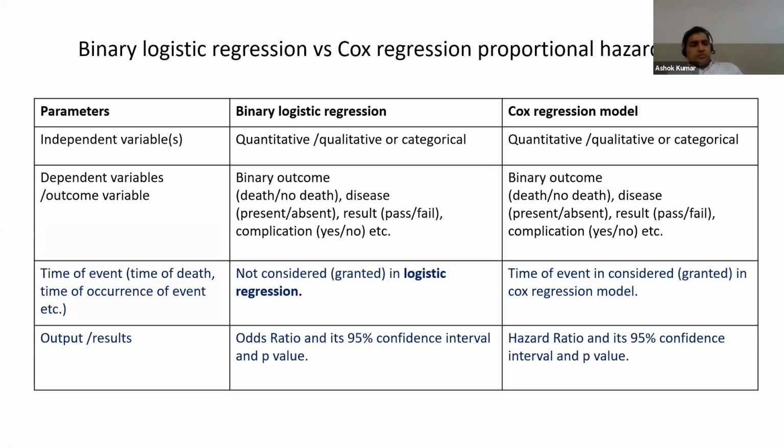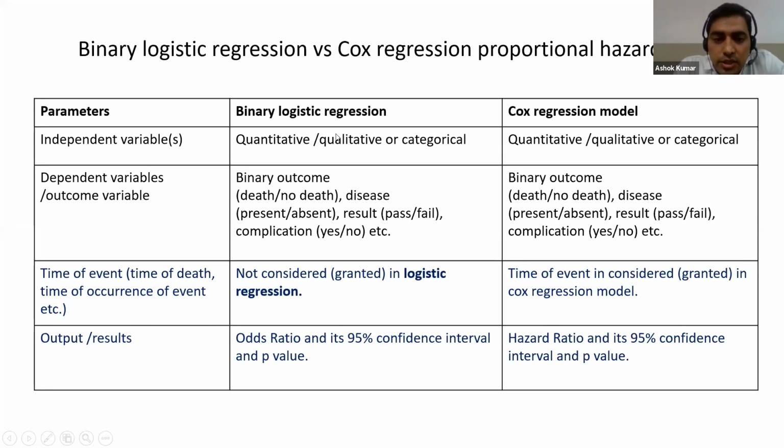And now let's proceed to binary logistic regression versus Cox regression proportional hazard model. When we compare these two, please see this table. The independent variables in binary logistic regression and Cox regression model are the same.